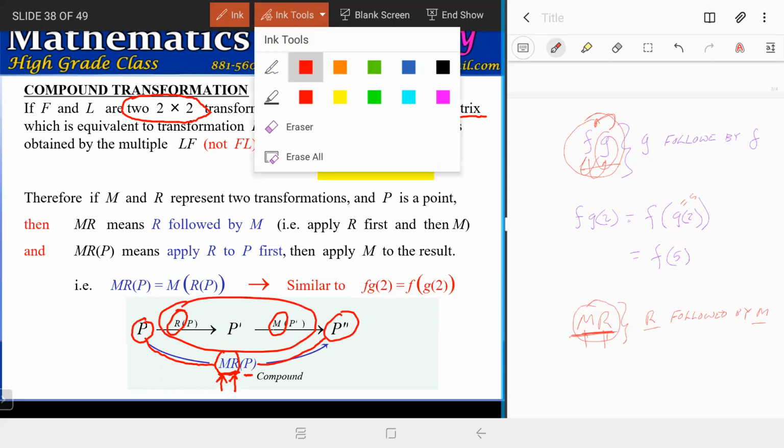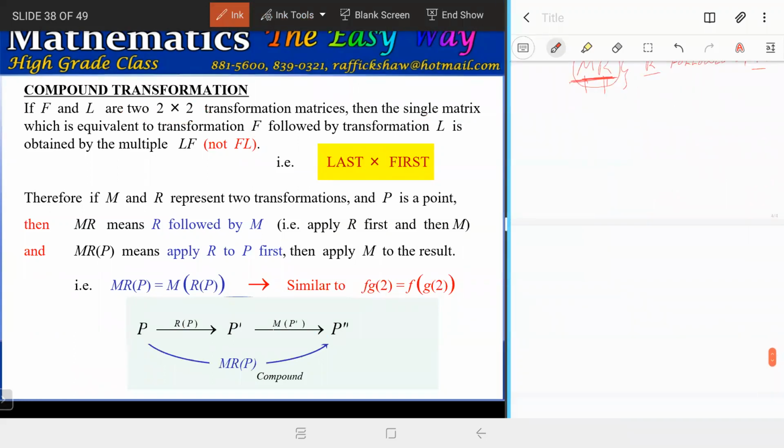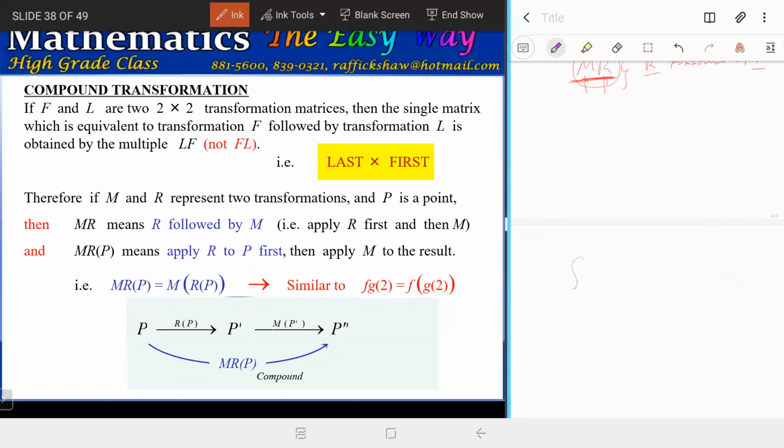So that's what this is all about. Similar to when we're doing the F of G. Remember, if we're doing the F of G on 2, it's on the slide here, we have 2 options. We can do the G of 2, and then let's say the G of 2 gives me 5. Then we do the F of 5 and get my final answer.